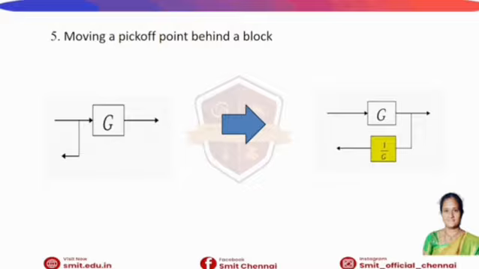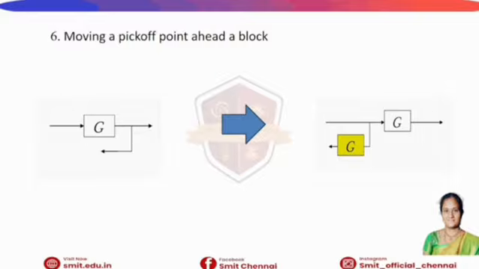Then moving a pick-off or takeoff point, or branch-away point, behind a block or ahead of a block. Again, while moving, the signal must be adjusted properly to keep the system unchanged.